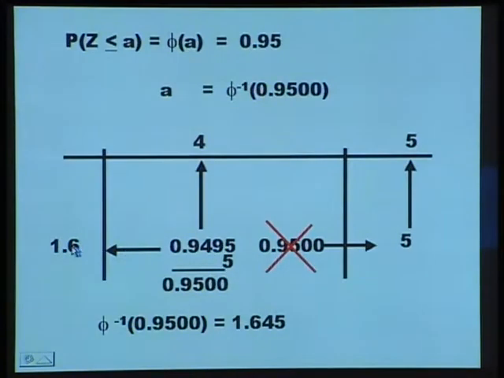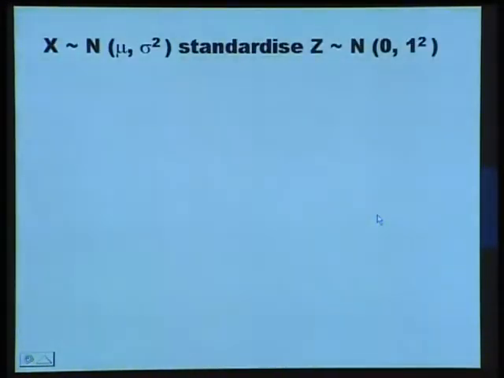After doing that, we simply read the value of z in the first column, the second dp in the top row, and the third dp in the second part of the top row. So in this case, phi inverse of 0.95 is 1.645.